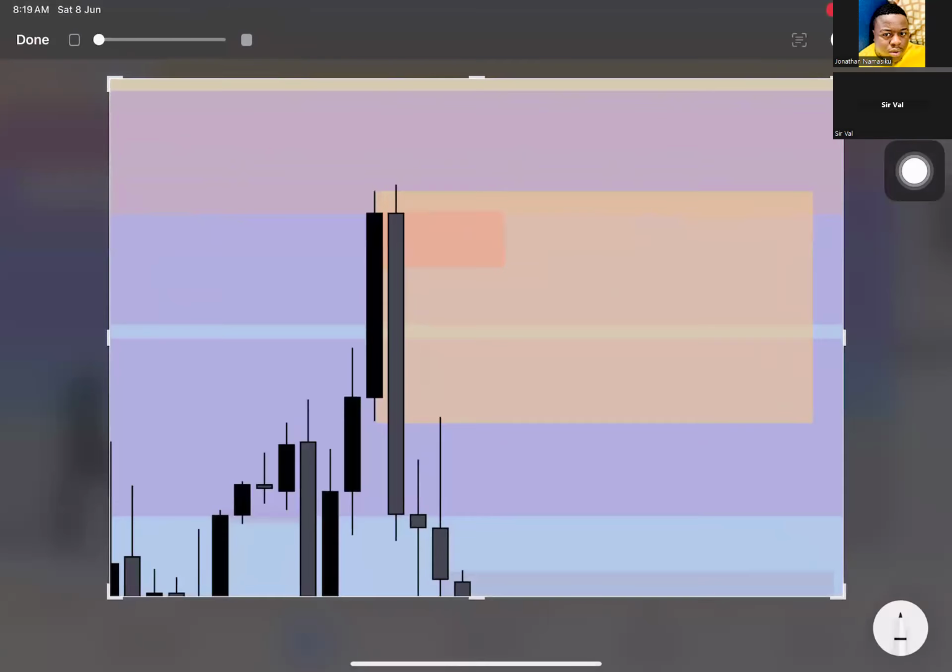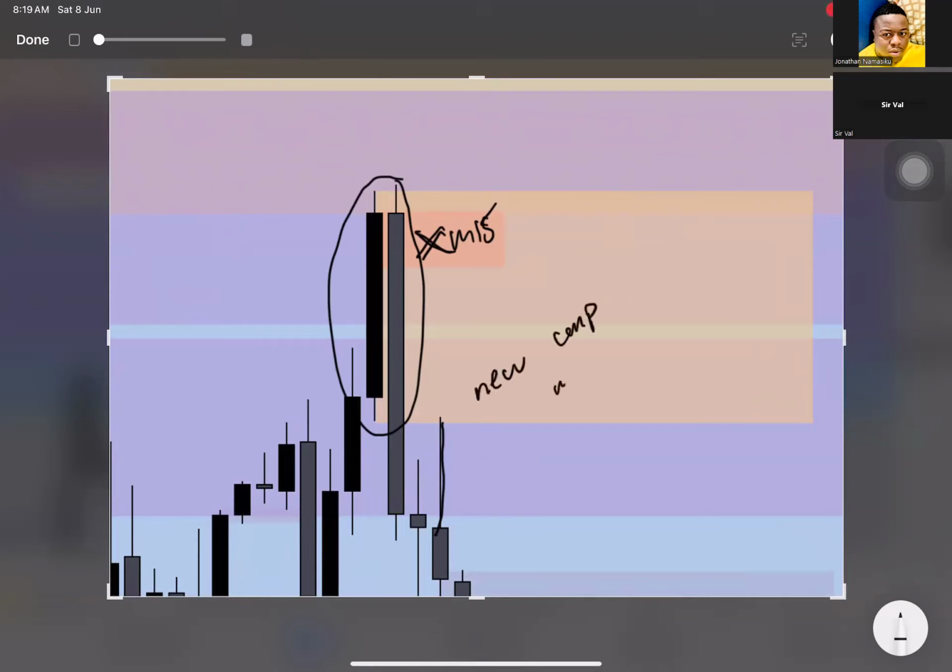So the M15 cannot be used again. If, for example, price from CMP has created the H1 zone, after price pulls back, this M15 cannot be used anymore. So we need to wait for a new M15 CMP.